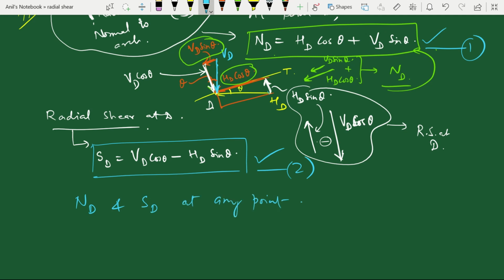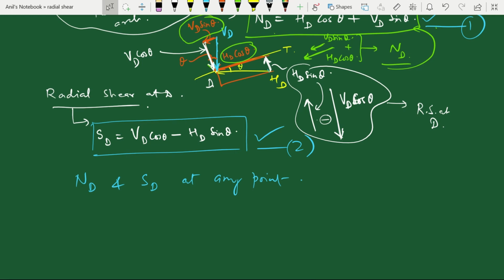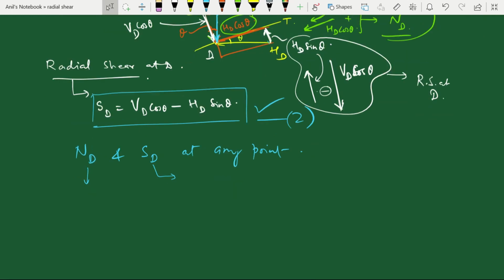Now one important thing that should be noted here is that ND and SD are simply the sum of components of horizontal thrust and vertical shear at any point. Radial shear is simply a sum of components of horizontal thrust HD and vertical shear VD along the normal to the arch.